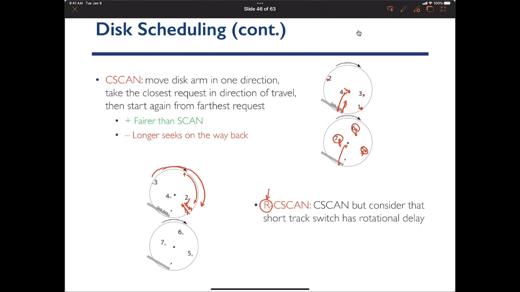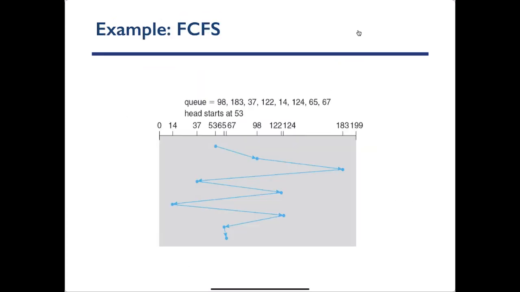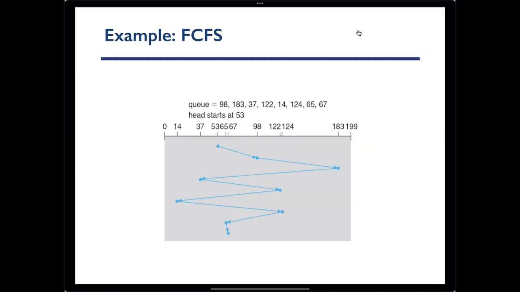You're not going to go all the way to the center and then come back, because probably by the time it takes for you to do that seek, a complete rotation has happened. So you're not going to do those, but you might actually do small seeks inside and then towards the center and then come back. This is called RC scan.